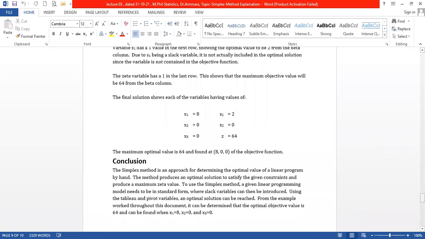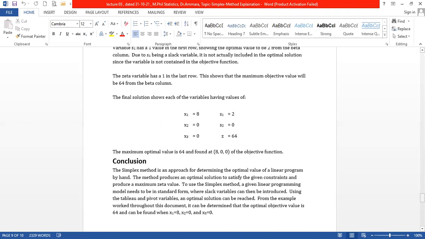So the conclusion about this simplex method: the simplex method is an approach for determining the optimal value of a linear program by hand. The method produces an optimal solution satisfying the given constraints and produces a maximum Z value, where Z is our objective function.